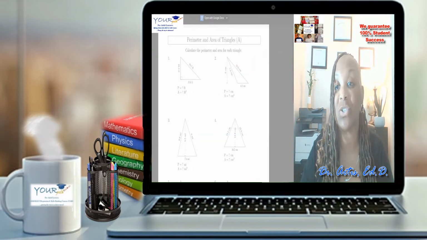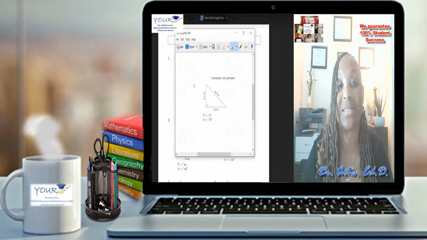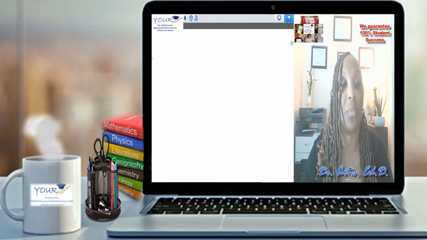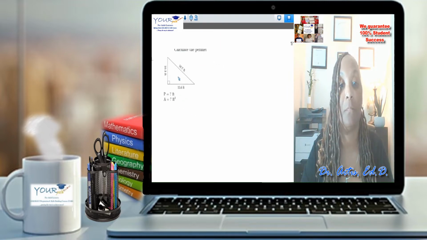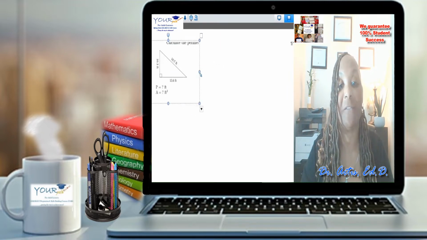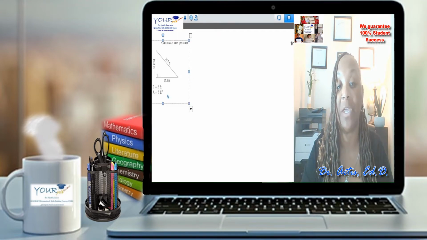I am going to cut this example here so that I can paste it to my whiteboard. Okay, so let's discuss the first triangle that we have here.